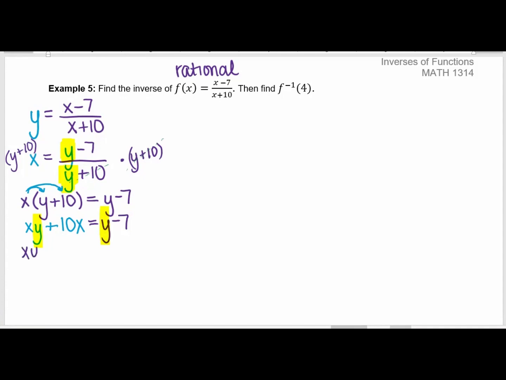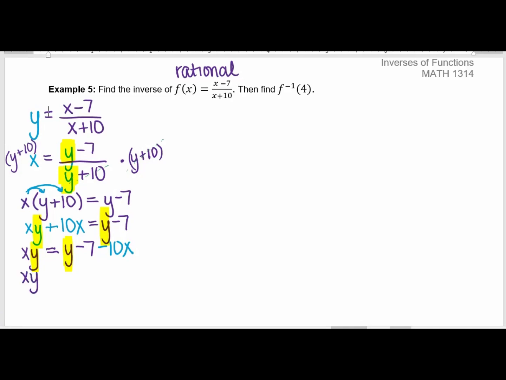So I'm going to take xy, and I'm going to move that 10x to the other side. So I have y minus 7 minus 10x, because my 10x was positive, so I subtracted. Still need to move that y on the right-hand side over to the left, so I have all my y's on the left.